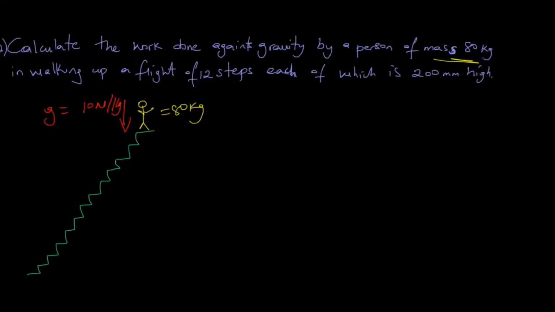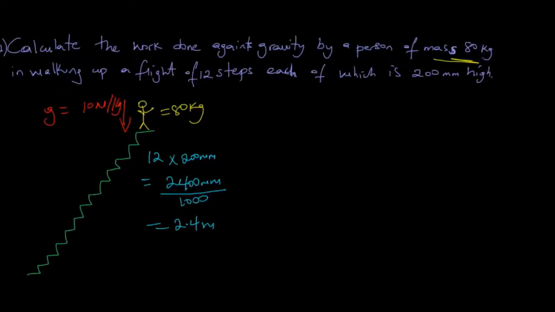So we have a mass moving against gravity, and the distance covered is 12 multiplied by 200 millimeters, which works out to be 2,400 millimeters, and we can convert the millimeters to meters by dividing by 1,000, and that works out to be 2.4 meters. So the person moved a distance of 2.4 meters.